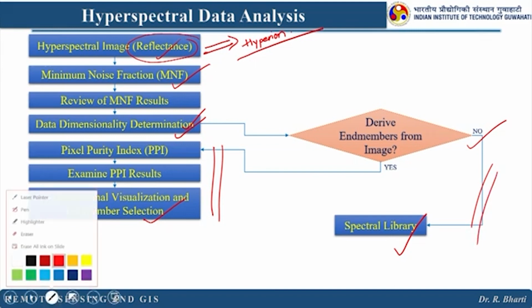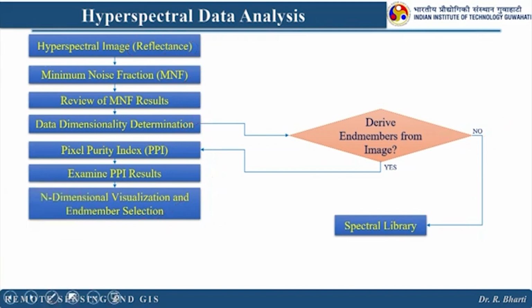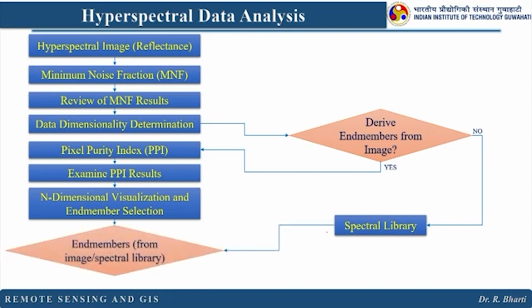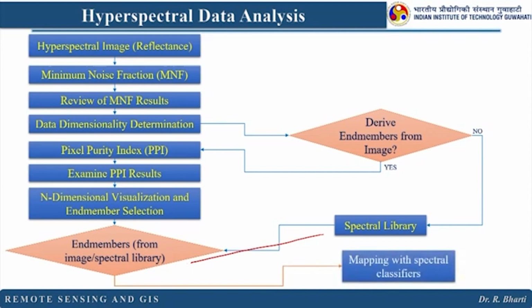So once I have the field information or the library spectra with me, then I prefer to use this library spectra instead of identifying the pixel spectra. Then it will be used here in this image, and then I will use some spectral matching and spectral classifiers to identify my target, right?